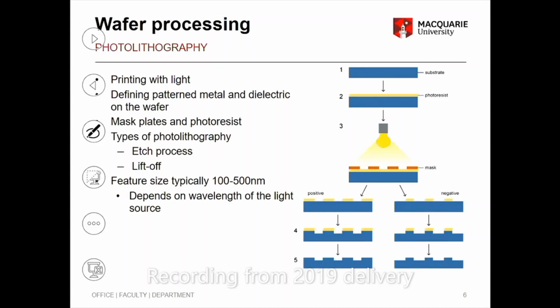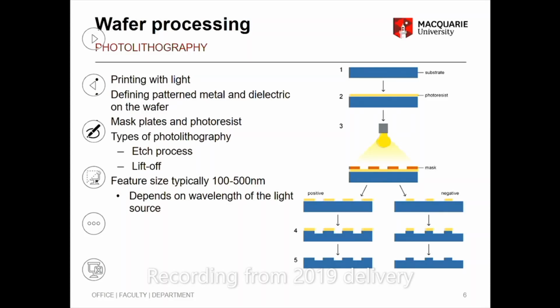Now when you do it, there are two different ways to do it: what is called the etch process and the lift-off process. For example, just to get the idea straight, say you get the surface layer built up, and then you put metal on top of it. You put a mask with a certain pattern, so it can be with your tracks covered, and then you put your photoresist substance.